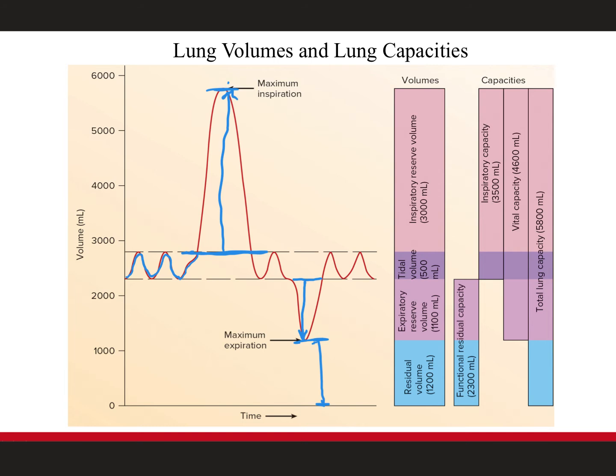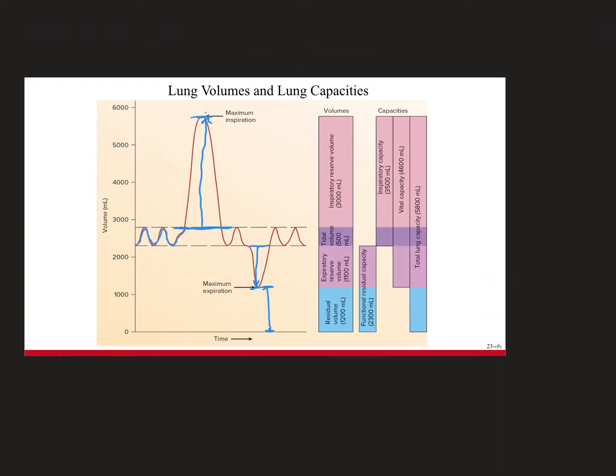My inspiratory reserve volume would be lower. I would have a harder time pulling air in. That would also mean that my tidal volume plus my inspiratory reserve volume would be smaller, and we call that my inspiratory capacity. So tidal volume plus inspiratory reserve volume equals inspiratory capacity.